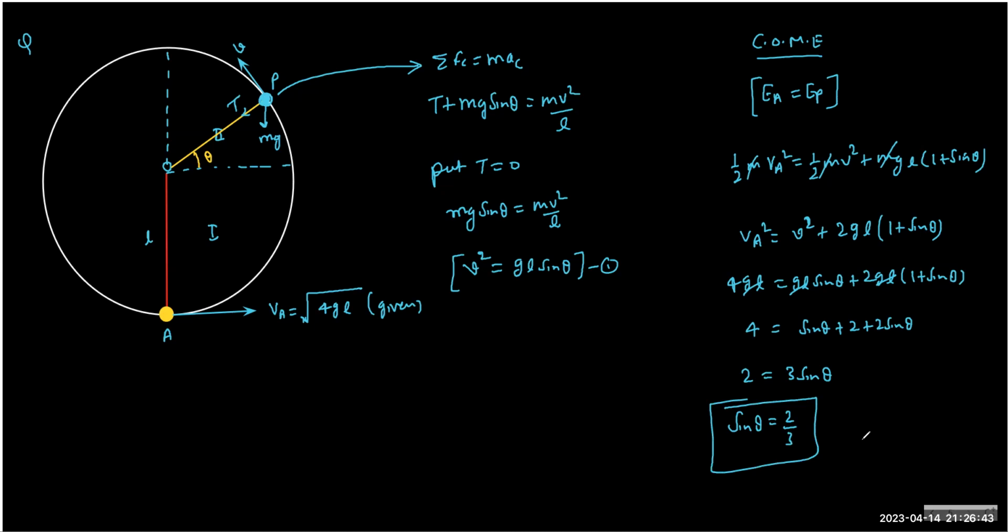Very famous answer. And because this answer is less than 1, the angle is definitely less than 90. And this is a valid answer, correct? So you all got your mistake in calculation? Yes, sir. Good, very good. So once you get this sin theta, then everything you can calculate back actually.